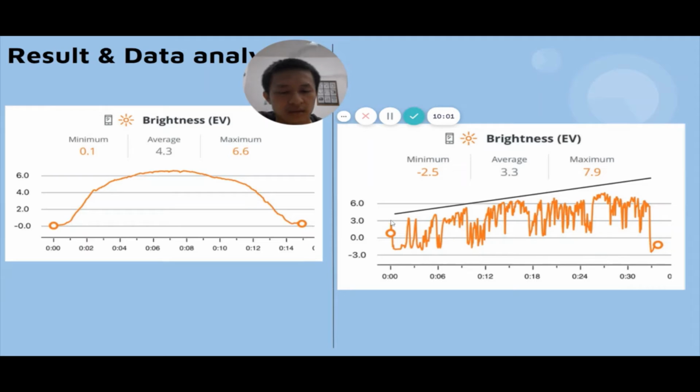So we can see an increasing trend. This graph is not as beautiful as just now because it is hard to aim the light sensor of the phone during this setup, but we can still observe an increasing trend.